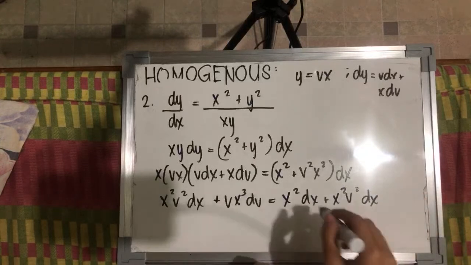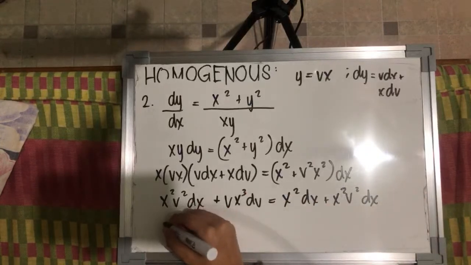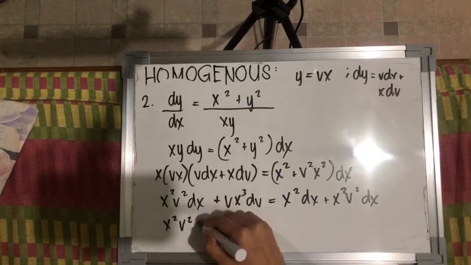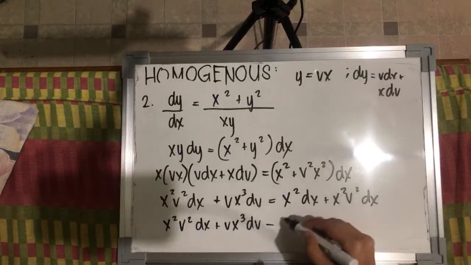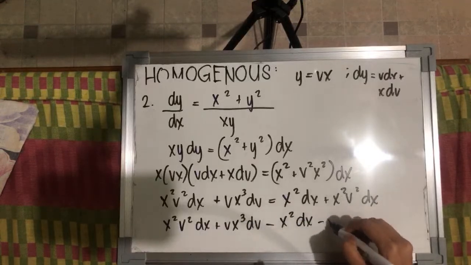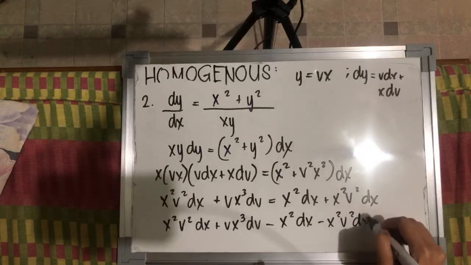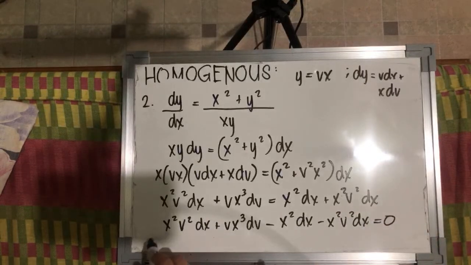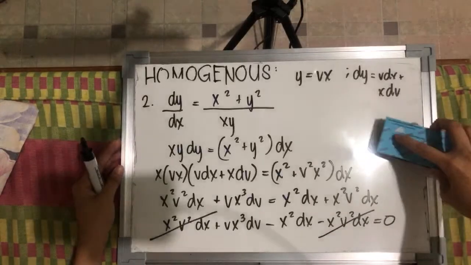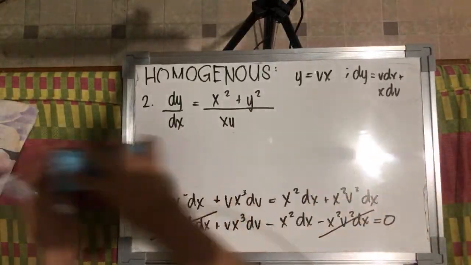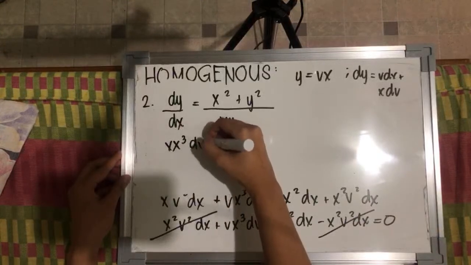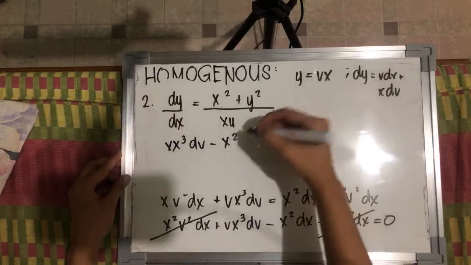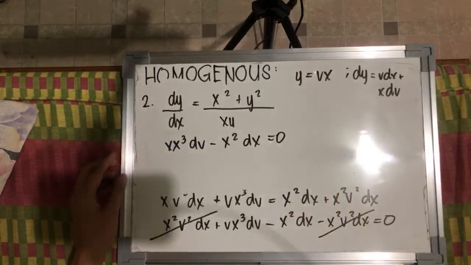So, transpose ko to sa kabila. x squared v squared dx plus vx cubed dv minus x squared dx minus x squared v squared dx is equal to 0. So, magka-cancel out ito. So, ang matitira is vx cubed dv minus x squared dx is equal to 0.